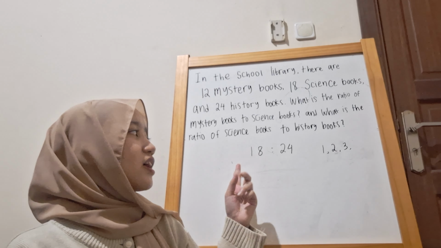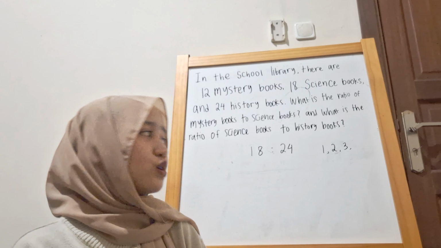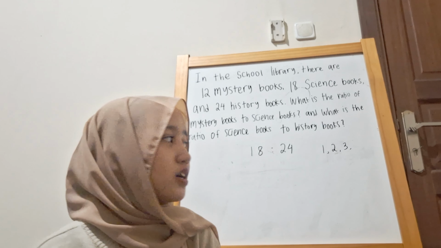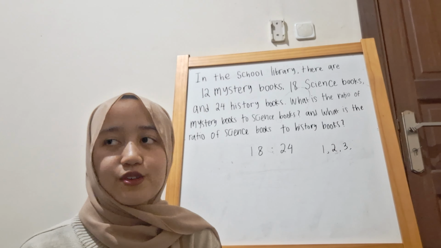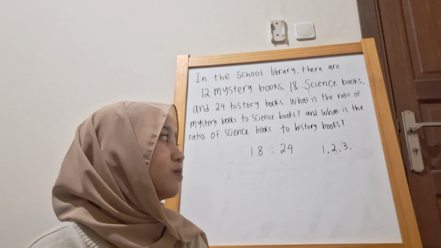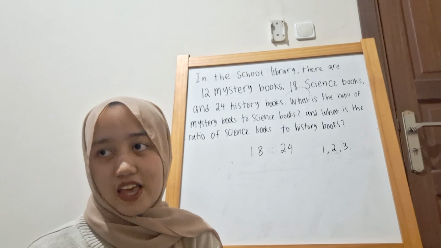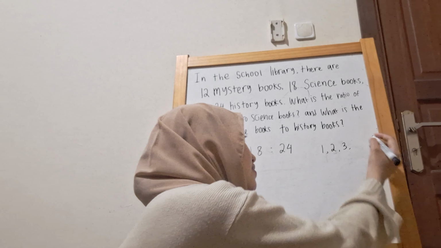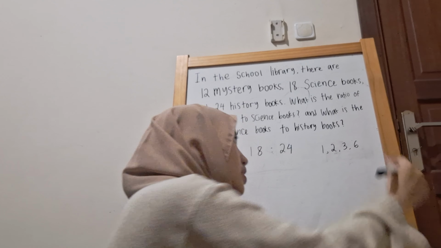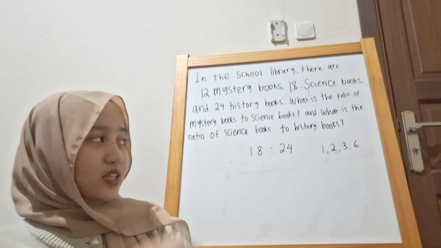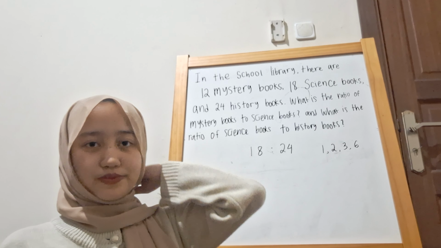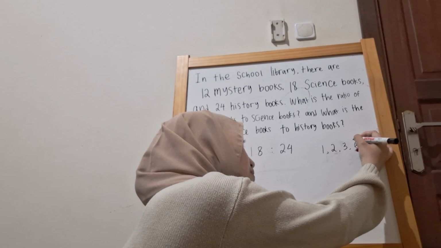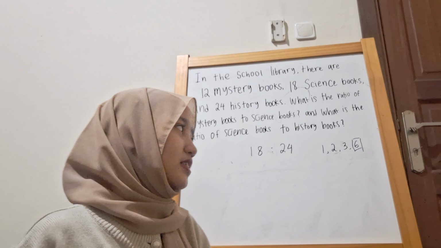No, 4 can't divide 18, so 4 is not their factor. Next, 5 can't divide both of them. 6, can 6 divide both of them? Yes, 6 can divide both of them. Is there any number more that can divide both of them? No. So the greatest common factor is 6.